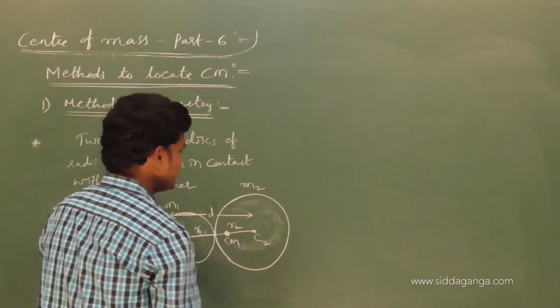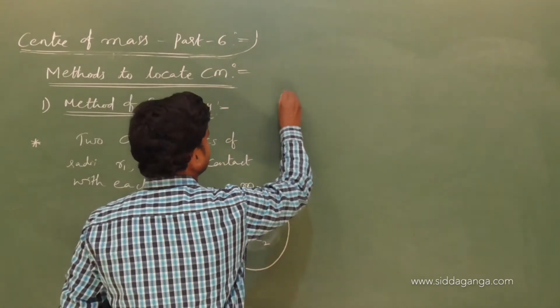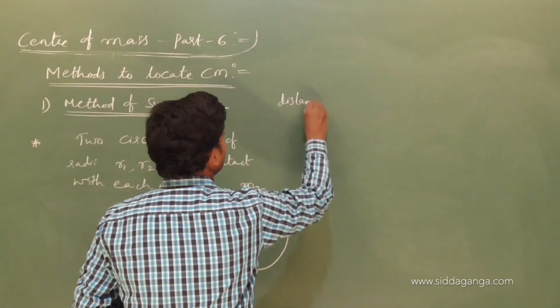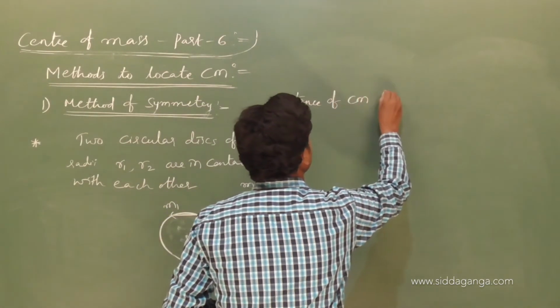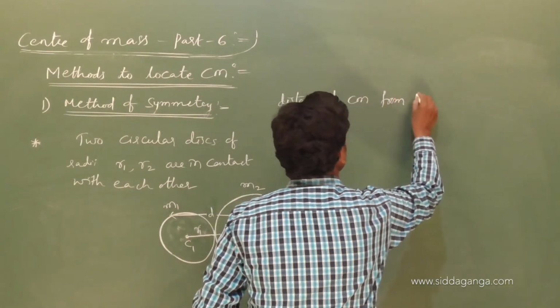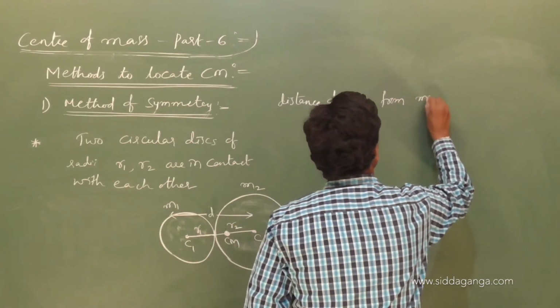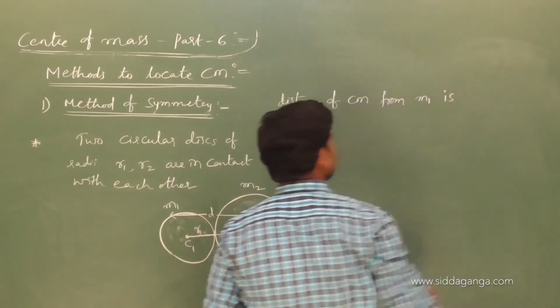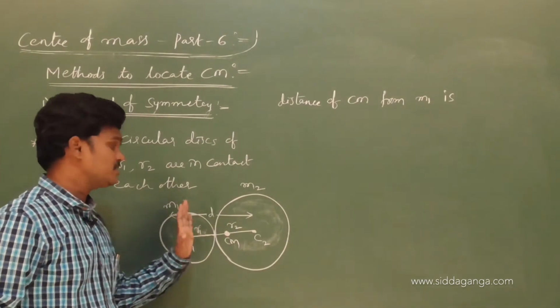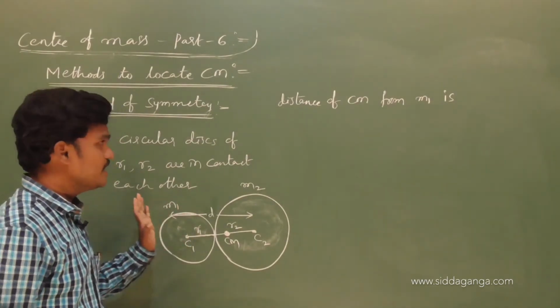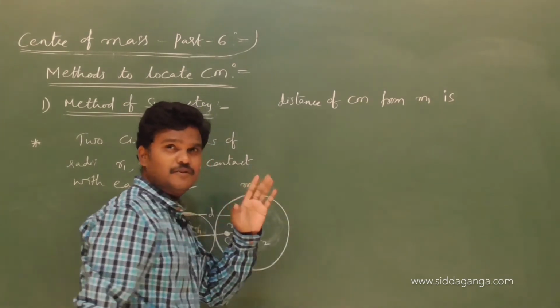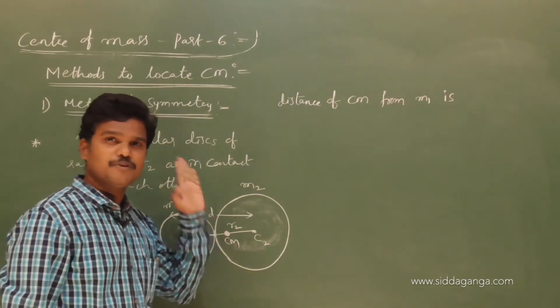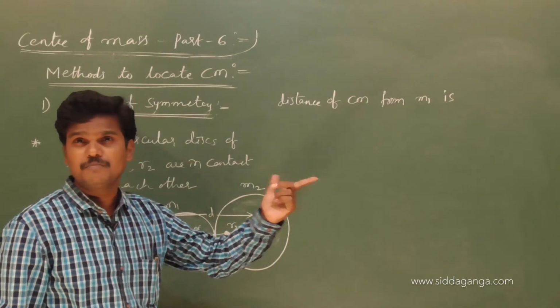Let me find the distance of the center of mass from M1. If two masses are separated by some distance d, then we know how to write the distance of the center of mass from M1 and from M2.